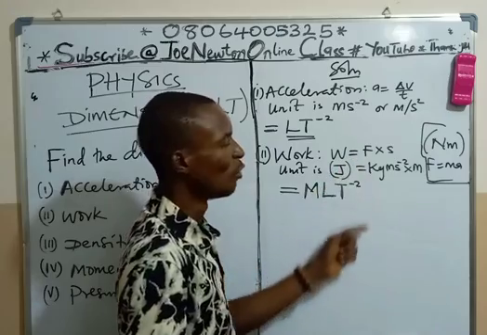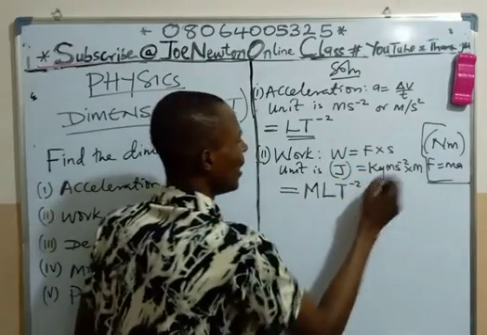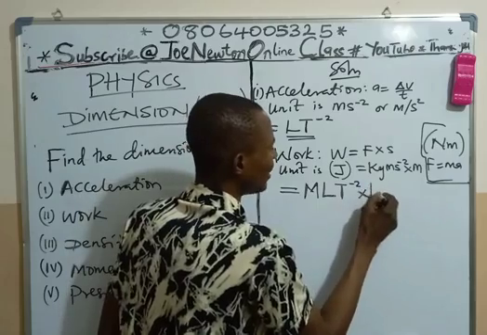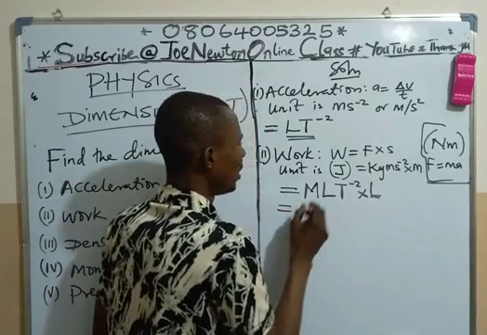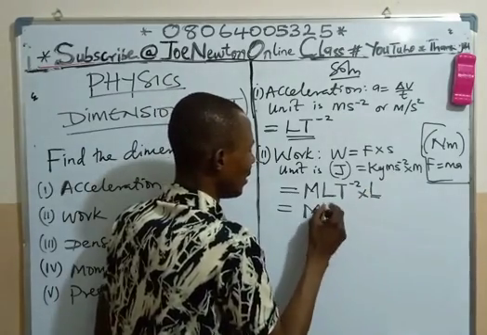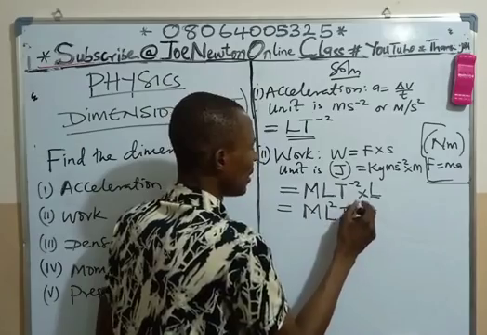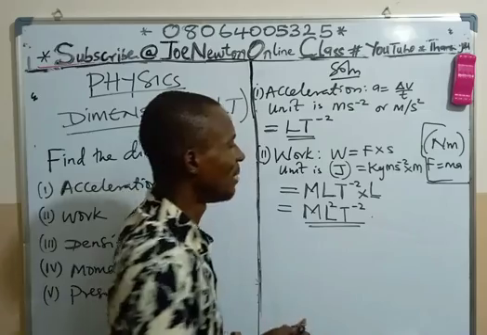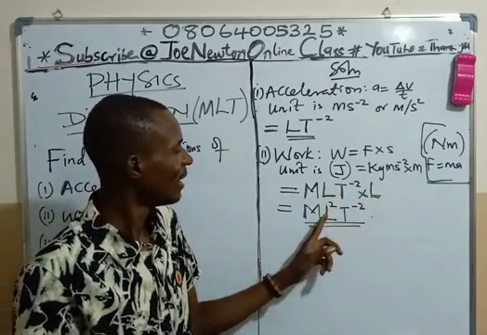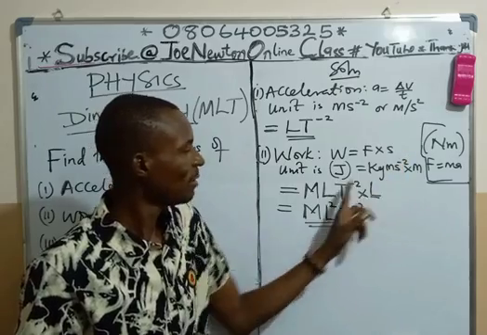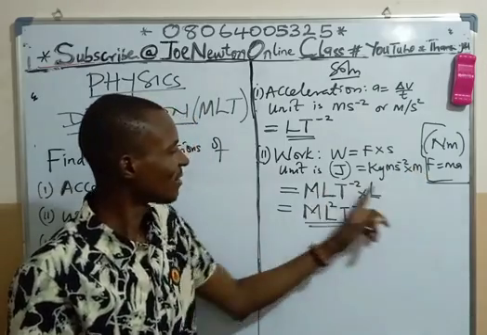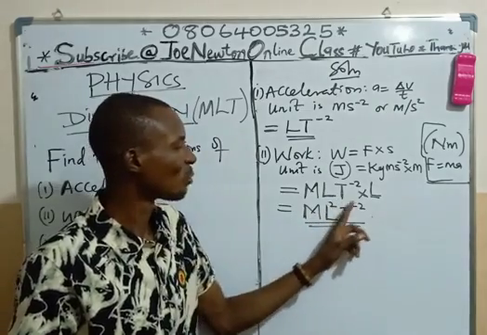In other words, 1 over T squared. Times meter here, which is length. L times L, you have L squared. So ML squared T raised to power minus 2. Simple. So this is the dimension for work.